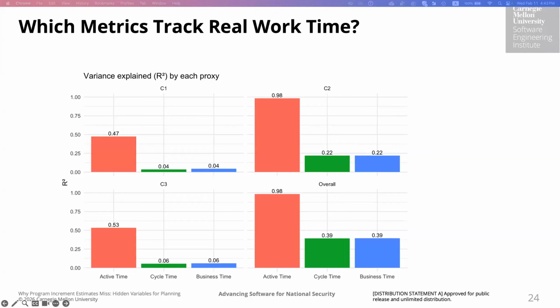The cycle and the business time degrade very sharply as we look at the smaller and the medium sized tasks, something that we would not have noticed if we just looked at the overall plot, which shows that for cycle time and business time, the overall R squared is 39%, right? So the takeaway over here is that size matters, and clustering and looking at the different task sizes was very useful.